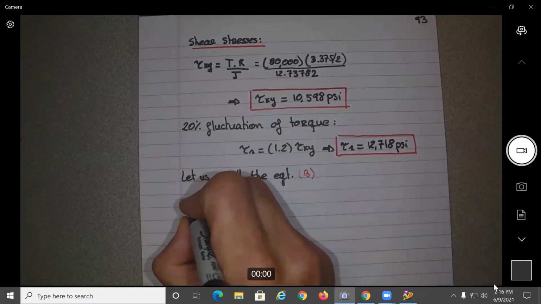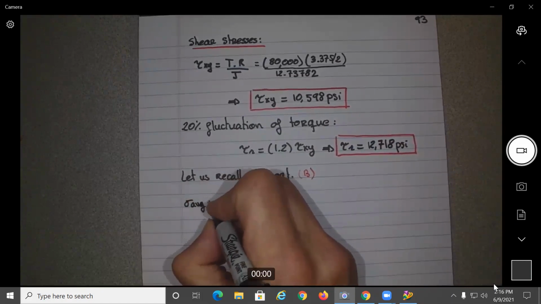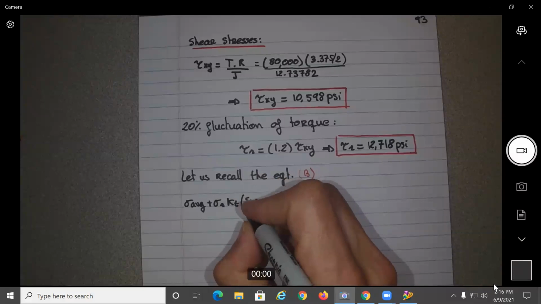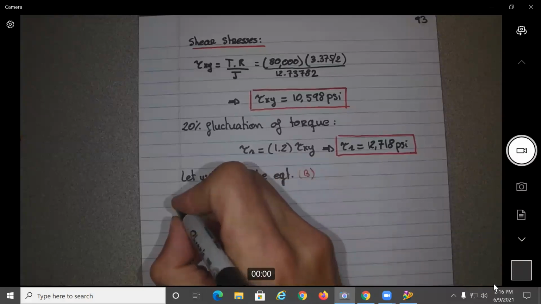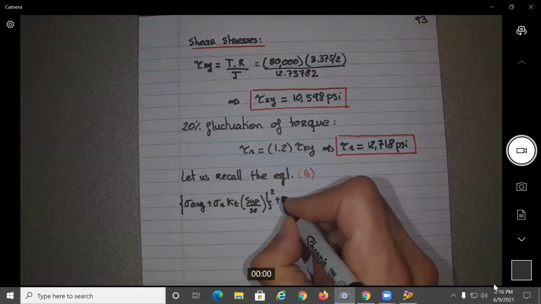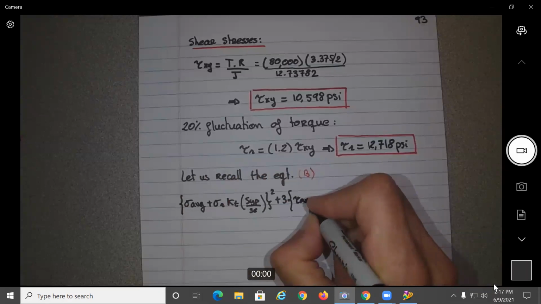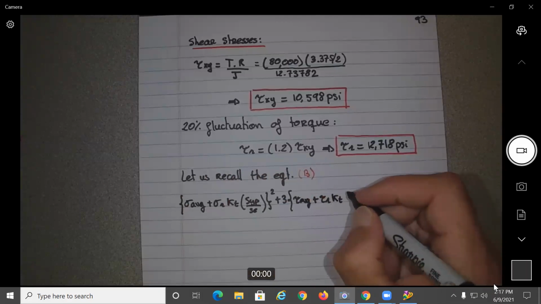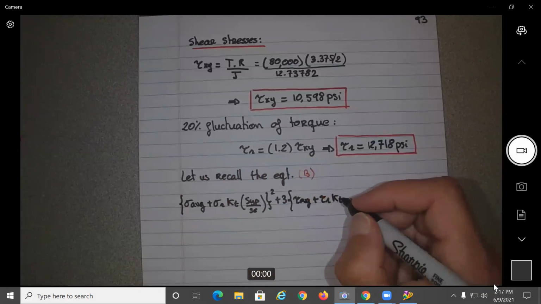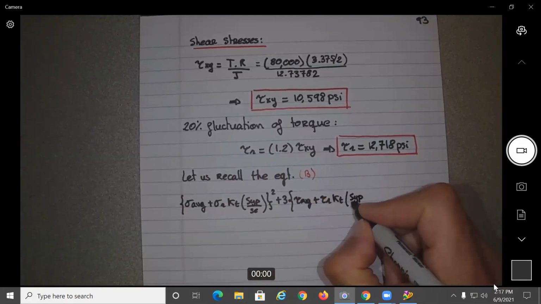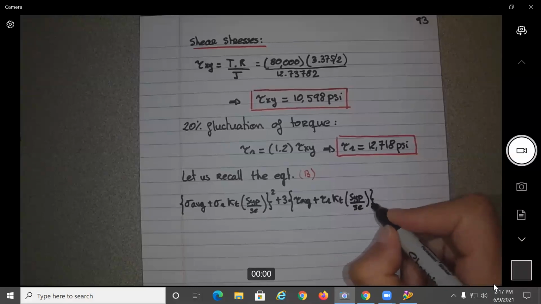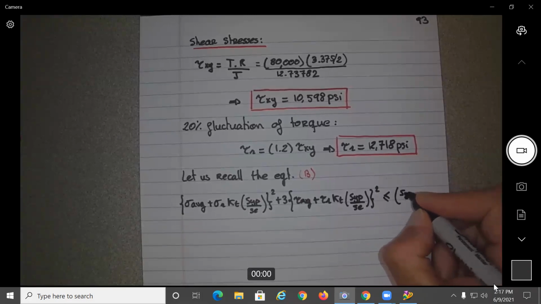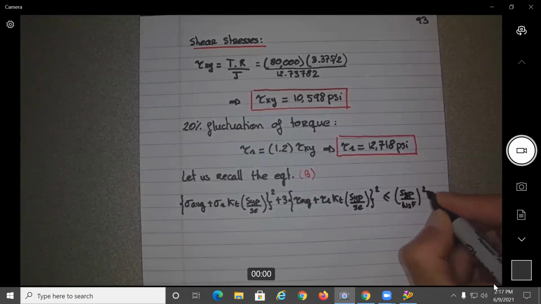So we have sigma average plus sigma sub r, k sub t, S yp over S e, everything squared, plus 3 times tau average plus tau sub r, k sub t, S yp over S sub e, everything squared, lower or equal to S yp over safety factor, everything squared.